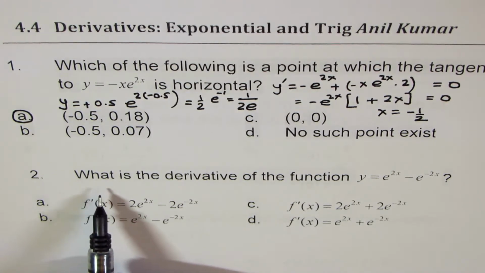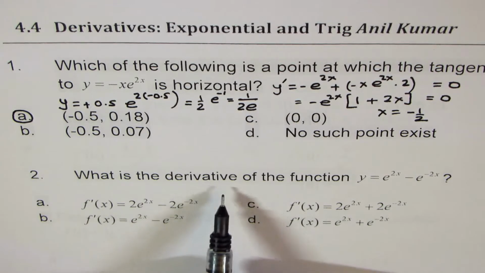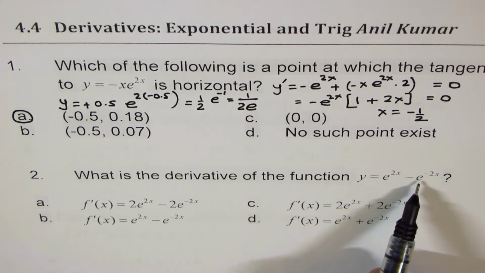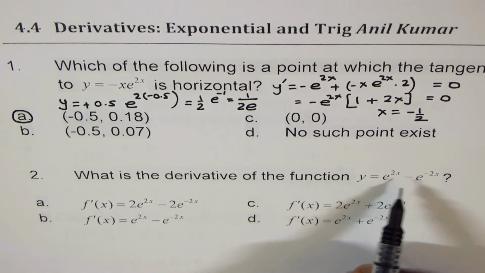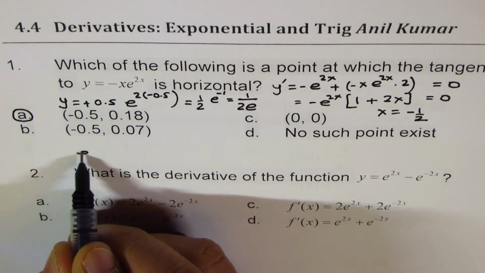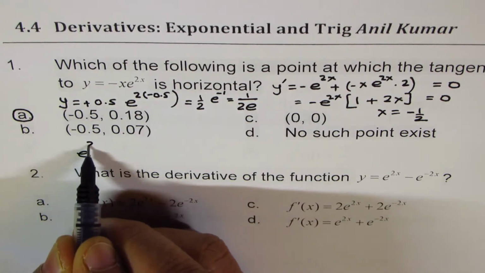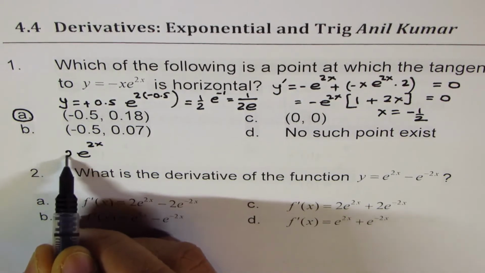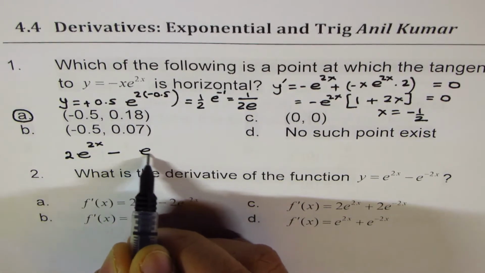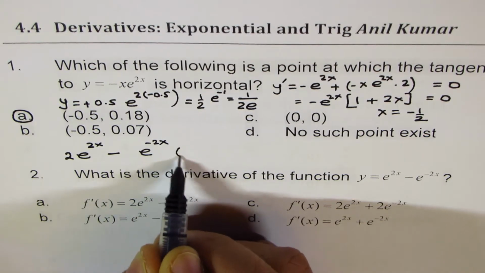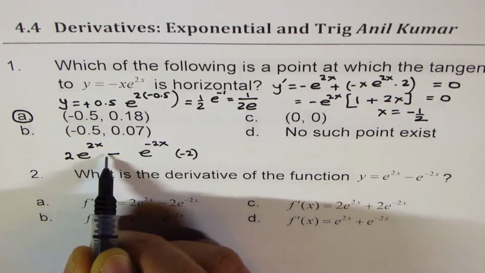The next one here is: what is the derivative of the function y equals e to the power of 2x minus e to the power of minus 2x? The derivative of an exponential function, as you know, is the same function times the derivative of the exponent, so it becomes 2 e to the power of 2x minus e to the power of minus 2x times minus 2, so that makes this positive.